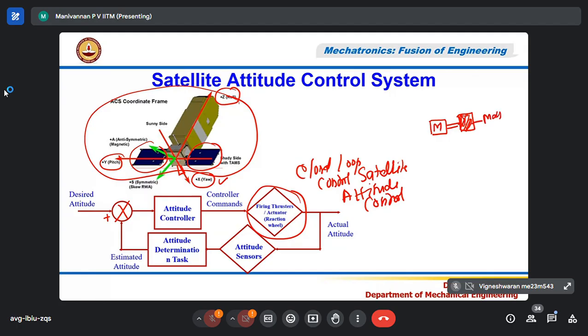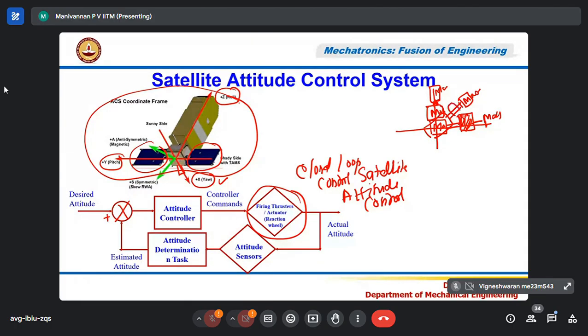This is my motor, oriented with respect to the x-axis. Similarly, with respect to the y-axis there will be a motor with a mass attached to it. Similarly, with respect to the z-axis there's one motor with a mass attached to it.